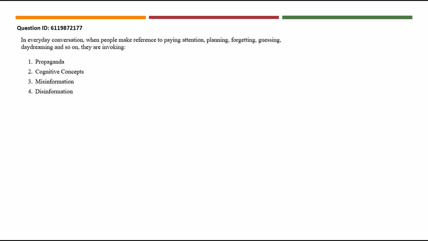Next question. In everyday conversation, when people make reference to paying attention, planning, forgetting, guessing, daydreaming and so on, they are invoking what? Propaganda, cognitive concepts, misinformation, disinformation. Propaganda means you are spreading something. Misinformation and disinformation are not related to this. So think about paying attention.